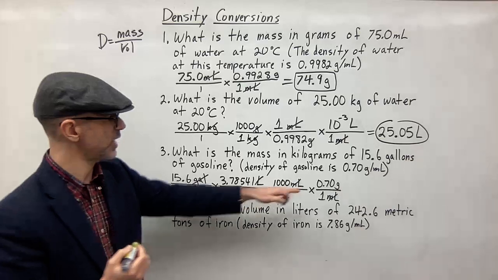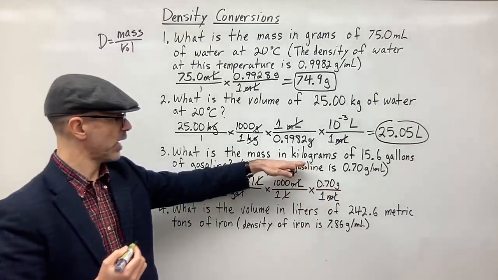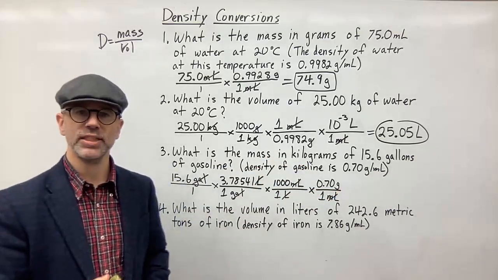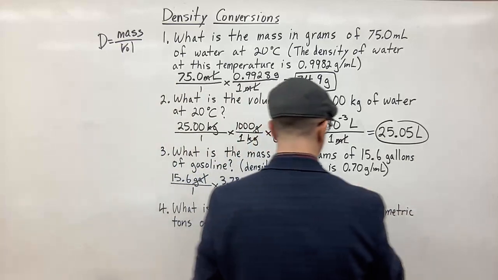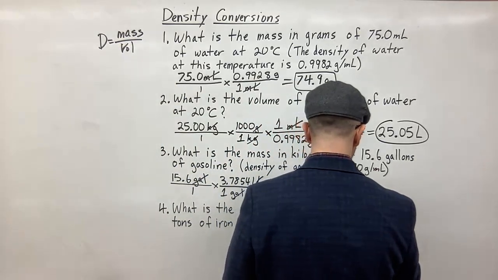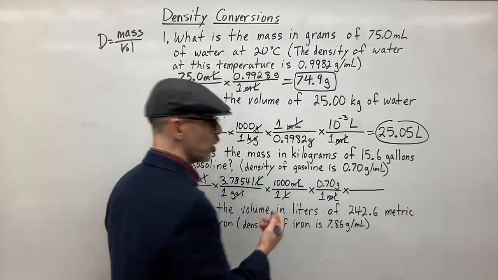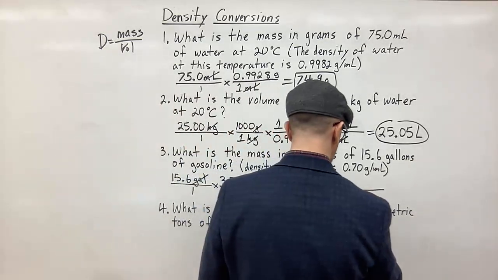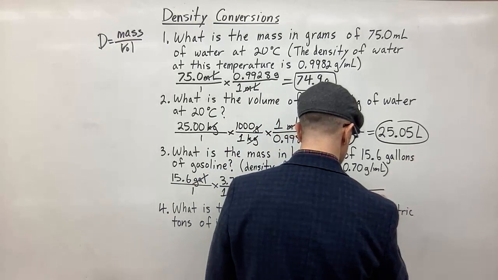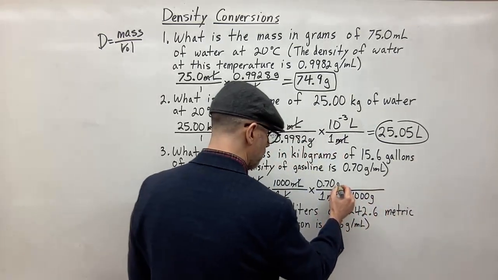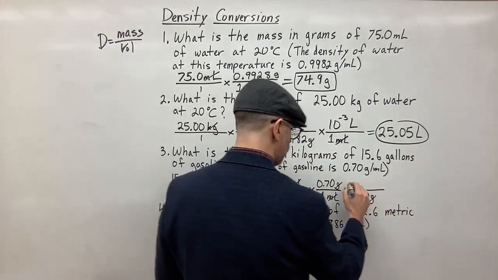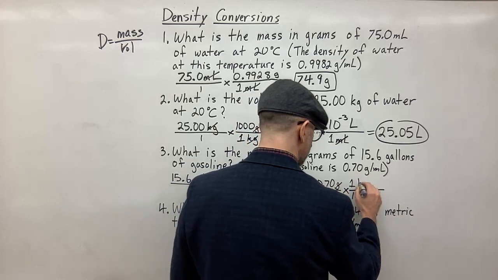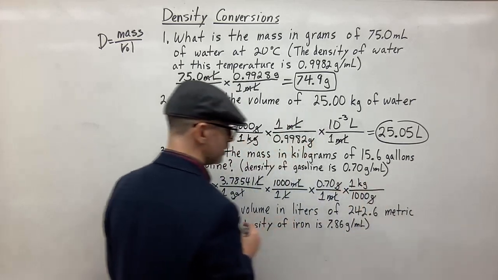Now I have grams. I have a mass unit, but they want kilograms. So I got one more step. I'm going to convert to kilograms. I know that 1 kilogram is 1,000 grams. So I'm going to put 1,000 grams on the bottom. That's going to cancel out. And 1 kilogram goes on top.